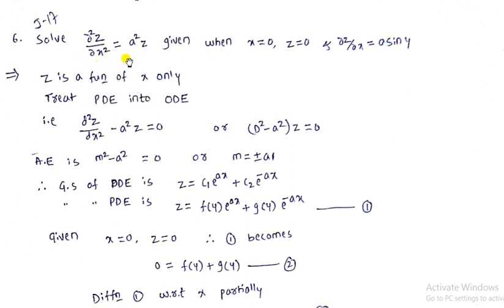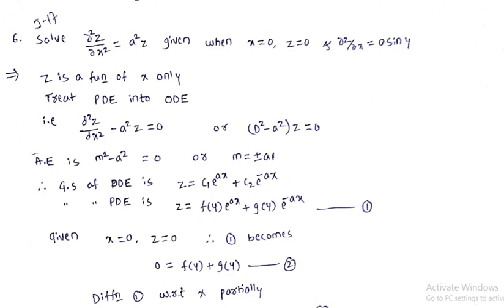Third example: ∂²z/∂x² = a²z, with the given conditions x = 0, z = 0, and x = 0, ∂z/∂x = a sin y.